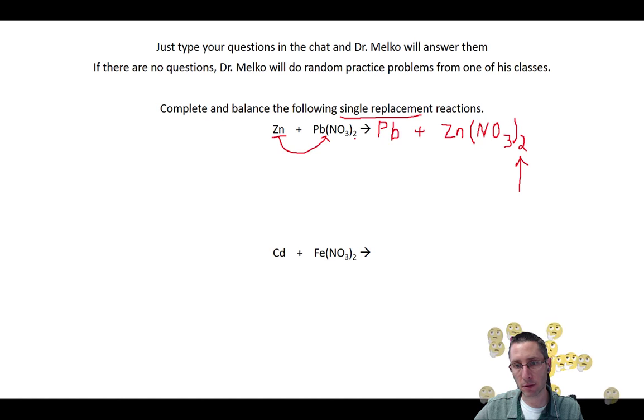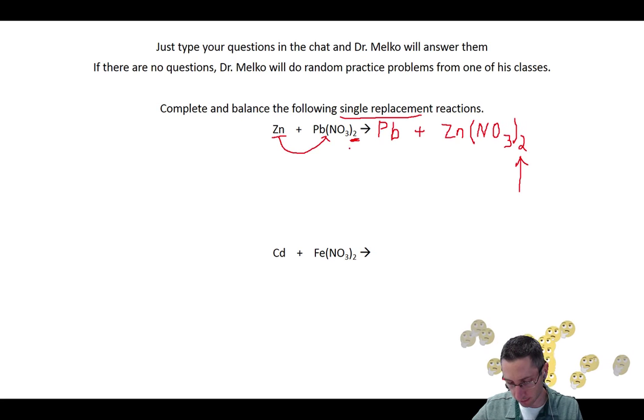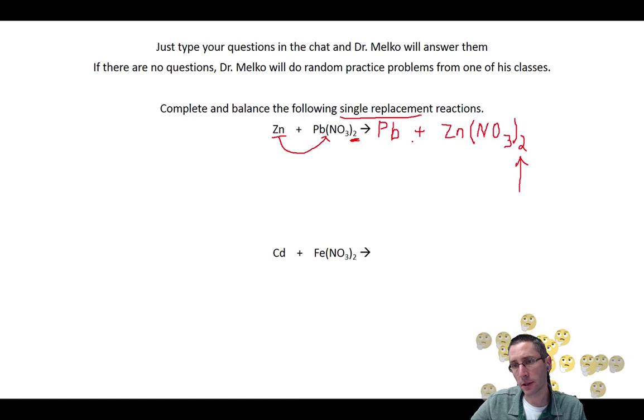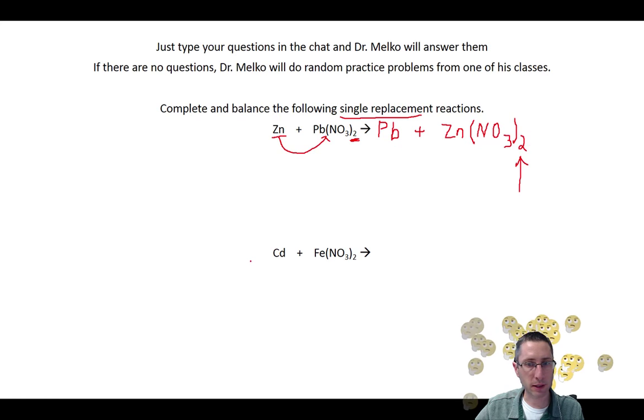It's not there because it appeared that way on the left, right? It appears there on the left because lead had a 2 plus charge. It doesn't mean it's always going to be 2 on the right. Okay, so just be careful about that. So writing this out, there's nothing left really here to balance. Everything's 1 to 1 already, so as long as we filled that in correctly, there it is.